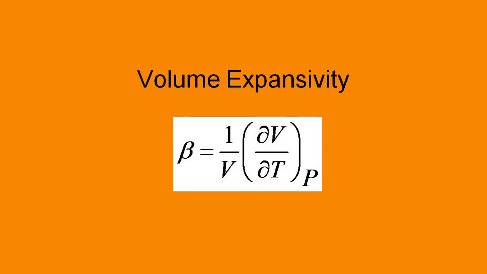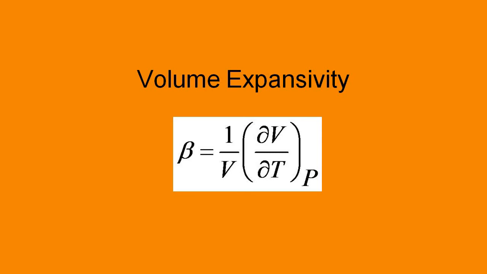The volume expansivity, which is represented by the letter beta, is defined as 1 by V dou V by dou T at constant pressure. We have the three coordinates: pressure, volume, and temperature. So, volume is changing with respect to temperature. That is a fact known to you when you are heating a body.